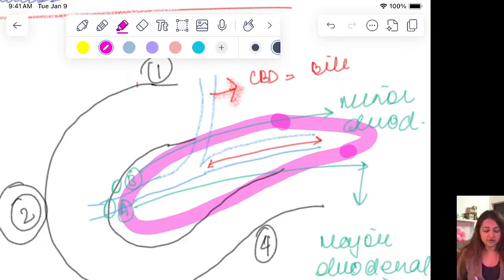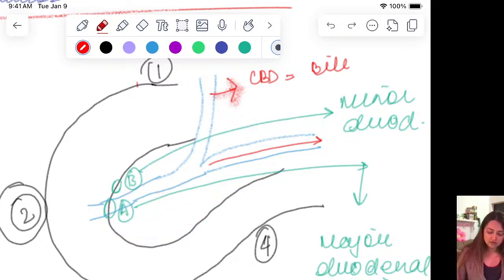Especially what's fitting in here is the pancreatic head. So the head of the pancreas fits in here. I'll erase this. Now tell me, this horizontal part is the main or major pancreatic duct. So this is the main pancreatic duct.